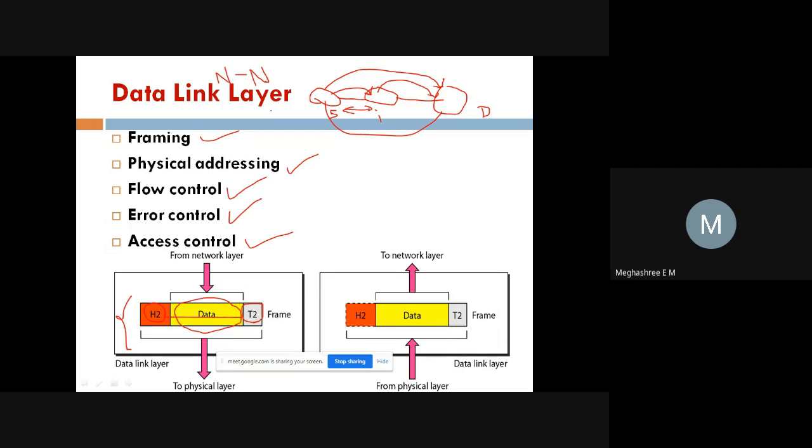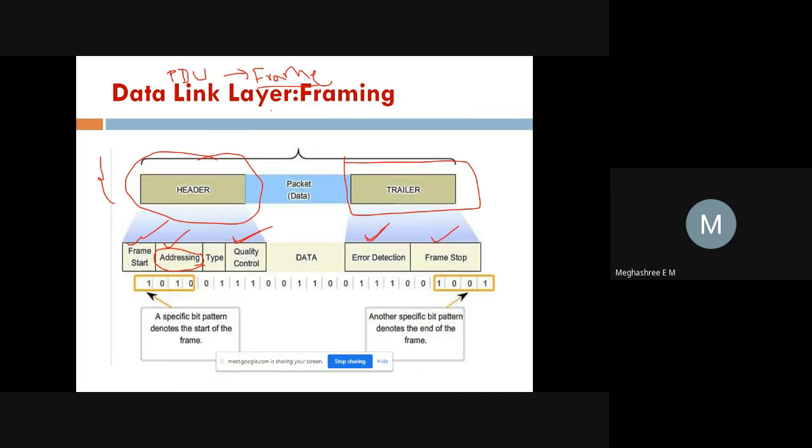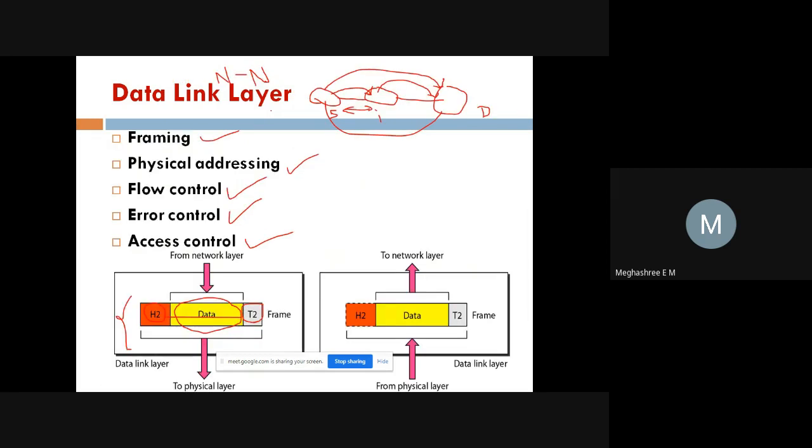The header will help you find out the addressing type and the quality control, and the trailer will help you find out error detection in the data. Adding header and trailer to the data is called framing. And the PDU, that is protocol data unit, at the data link layer is frames.